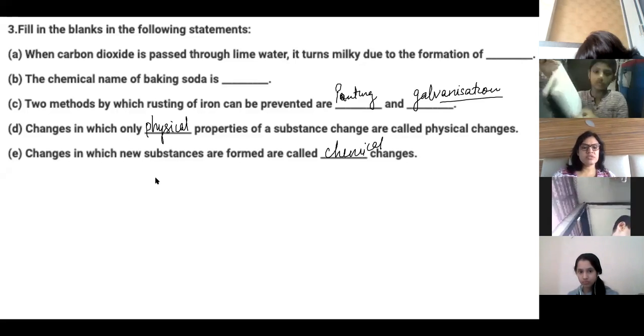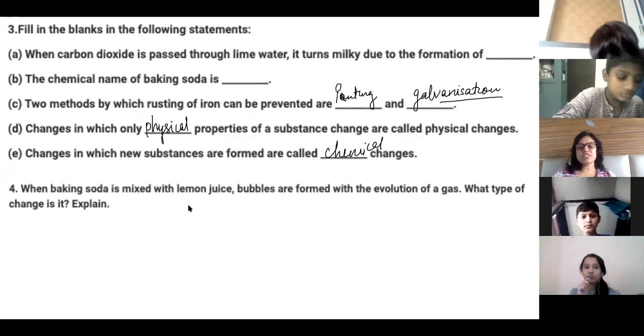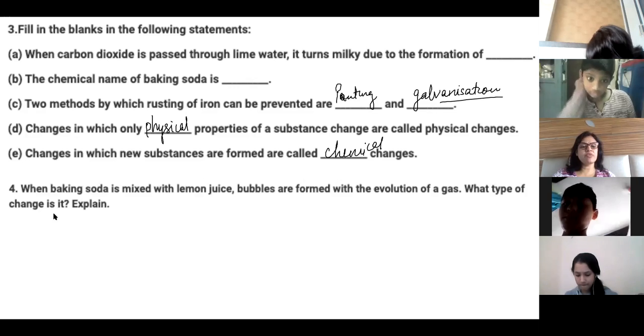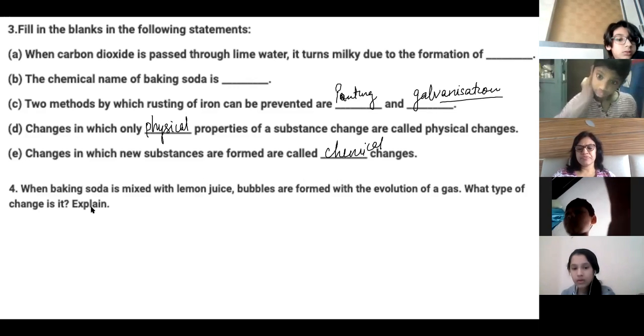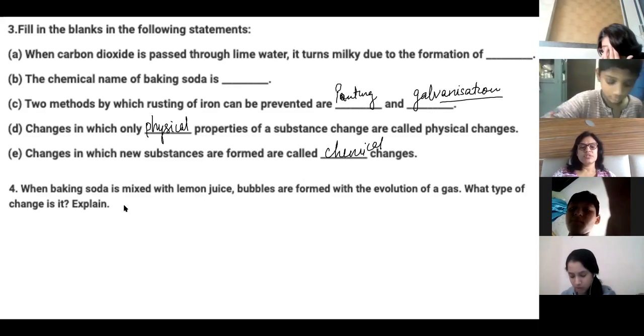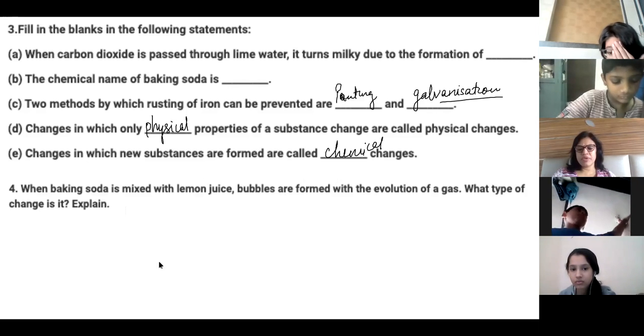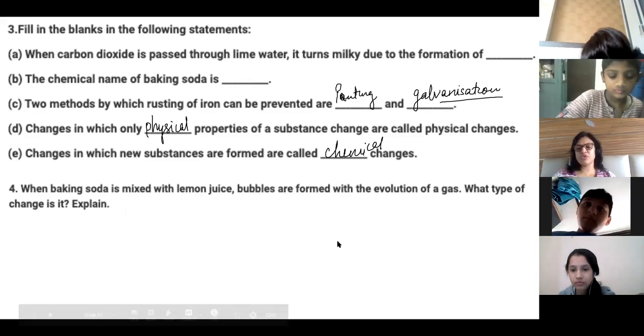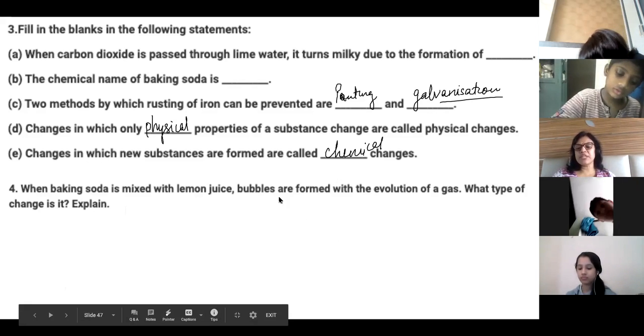Next question: when baking soda is mixed with lemon juice, bubbles are formed with the evolution of a gas. What type of change is it? It is a chemical change because a new substance is formed. A new substance, carbon dioxide, is formed. Bubbles mean gas is formed.